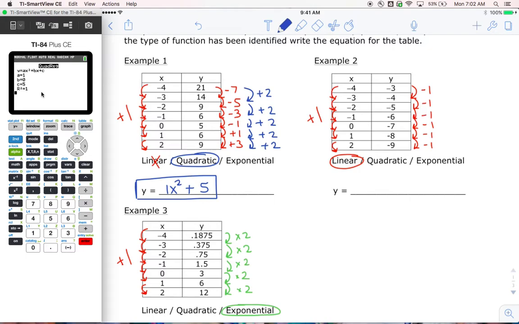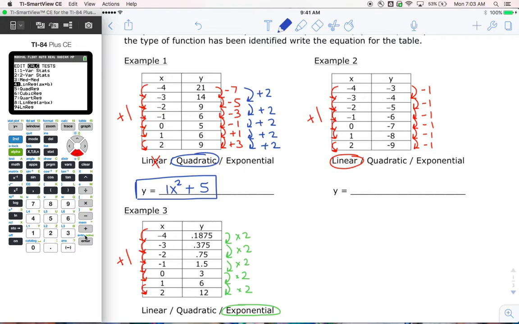All right, so let's put the numbers in here for example 2. I'm going to go to Stat. You'll notice I don't have to change the left-hand column. So on the right, we're going to just go ahead and type these numbers over those. So -3 and -4, negative 5, negative 6, negative 7, negative 8, negative 9. So Stat, over to Calc.